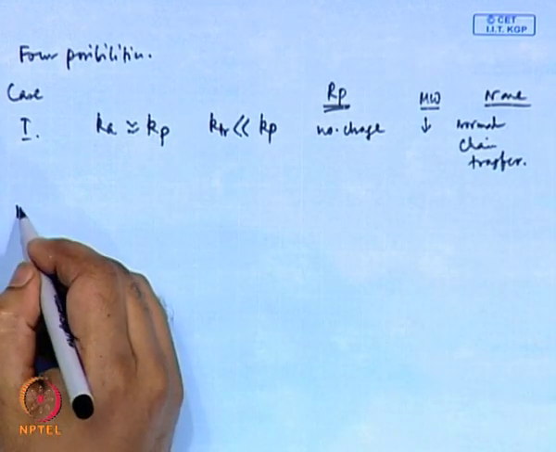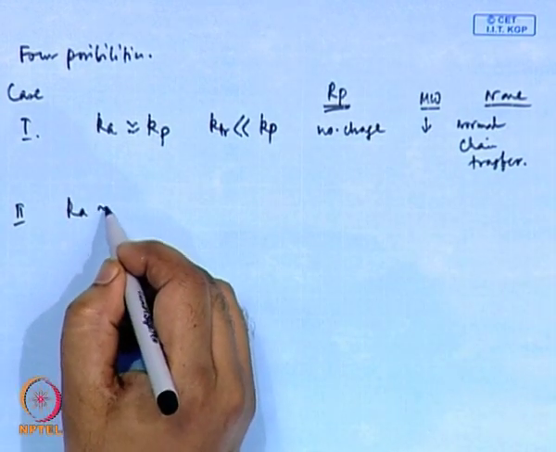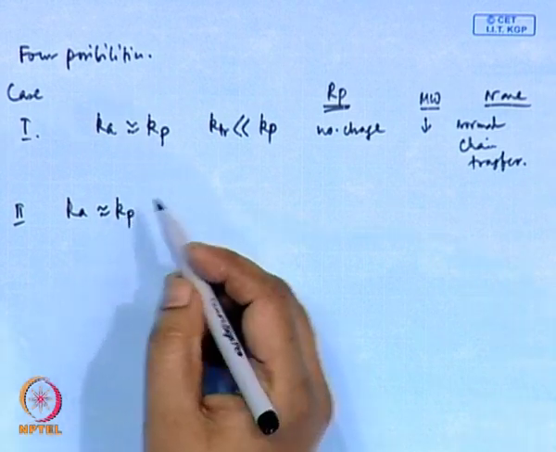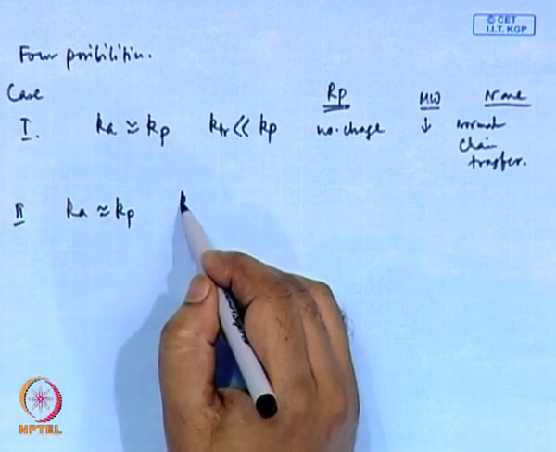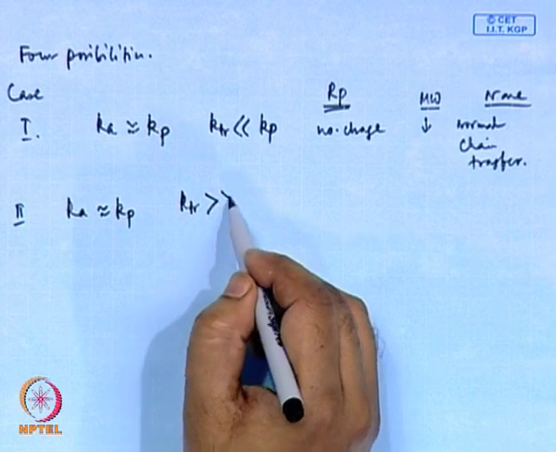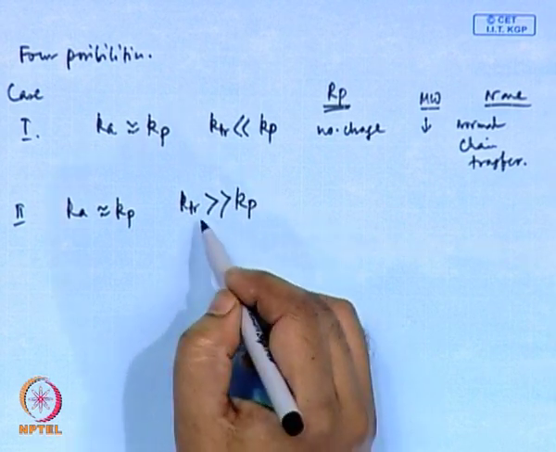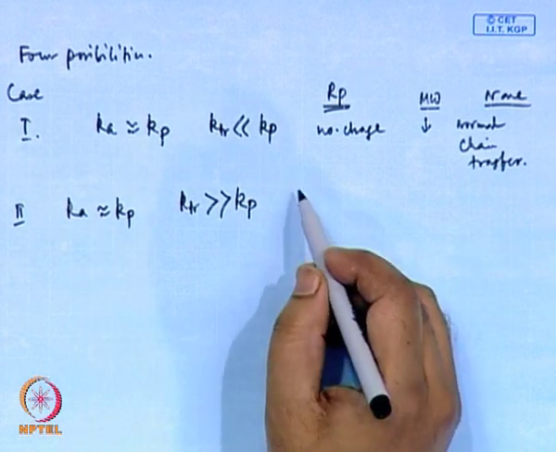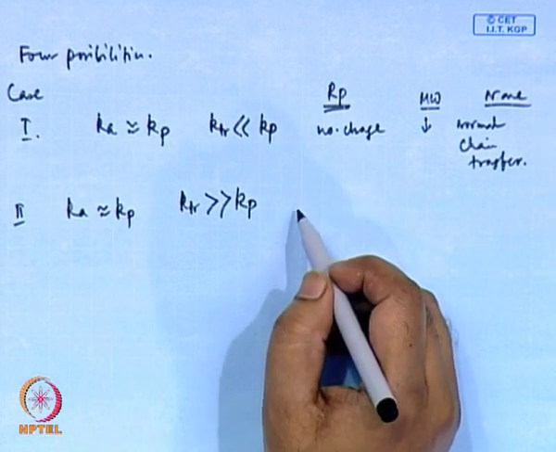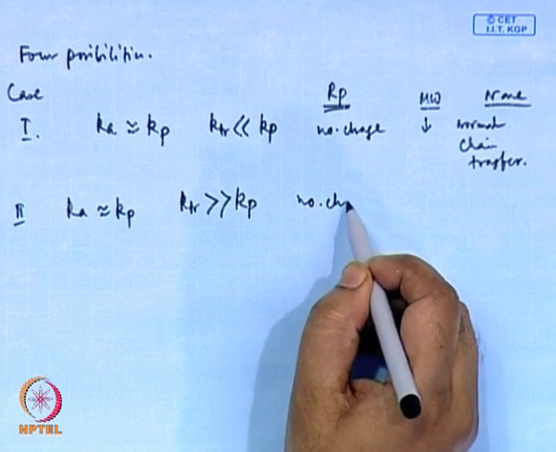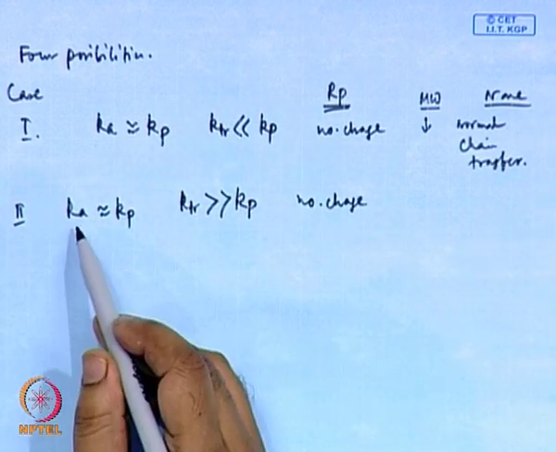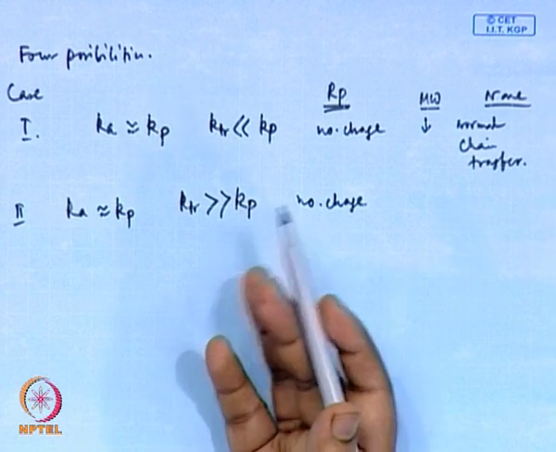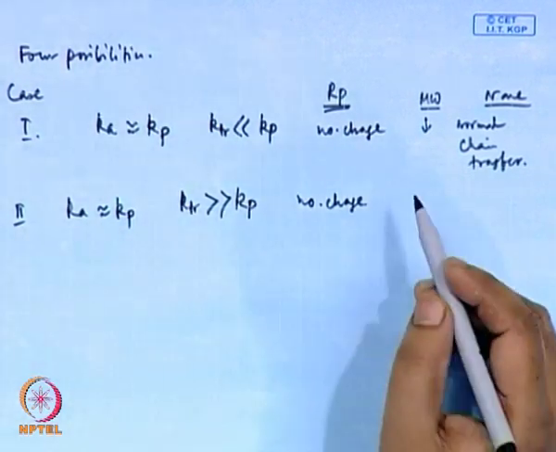Now, case 2 is again Ka is similar to Kp and K transfer is much higher than Kp. So, the rate of polymerization, again no change, because the new radical formed is also consuming monomer at the same rate.